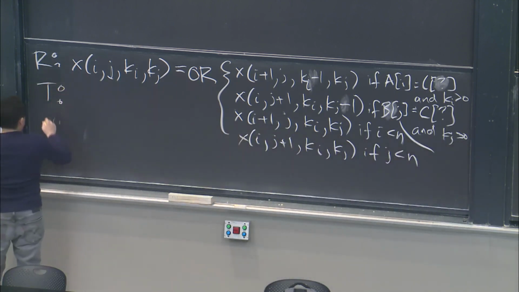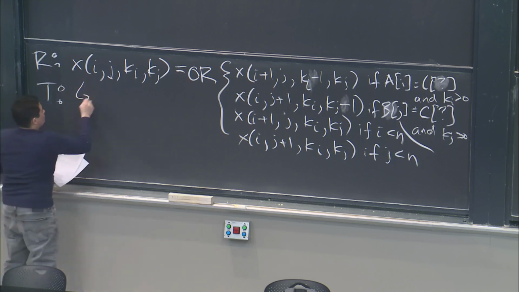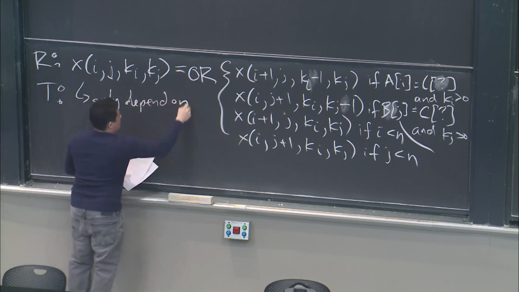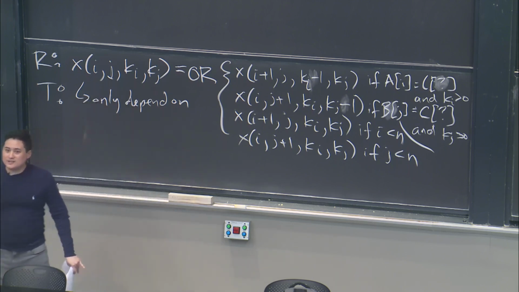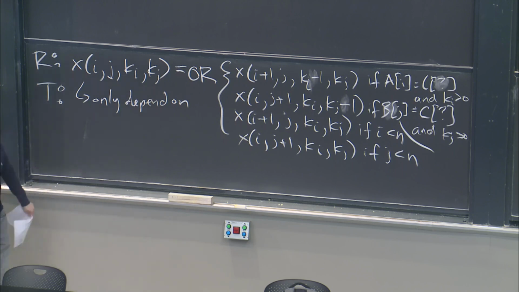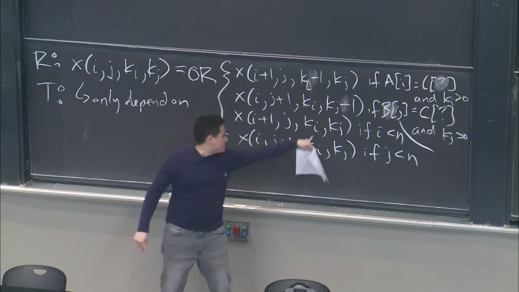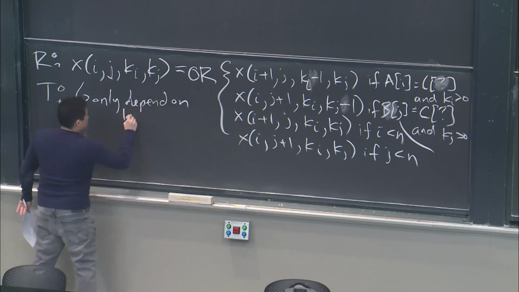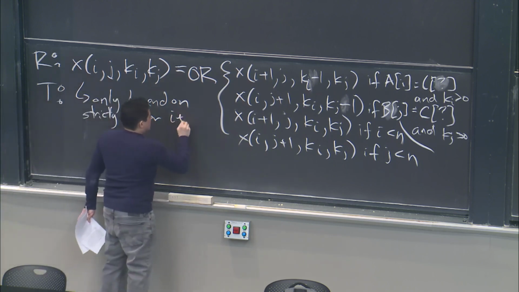So fun recursion, topological sort, right? These subproblems only depend on what? Larger i? Not quite. Larger j? Not quite. Changing K, these don't even change here. So we're going to depend on larger, I guess strictly, that's kind of an important thing, i plus j, right?